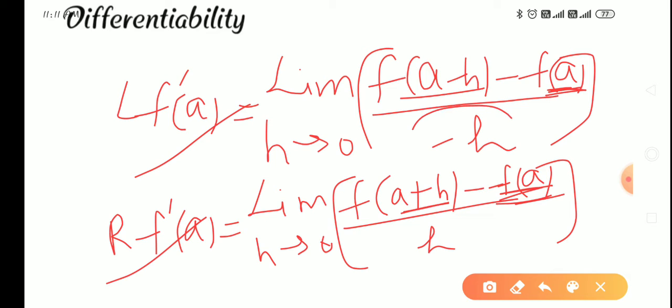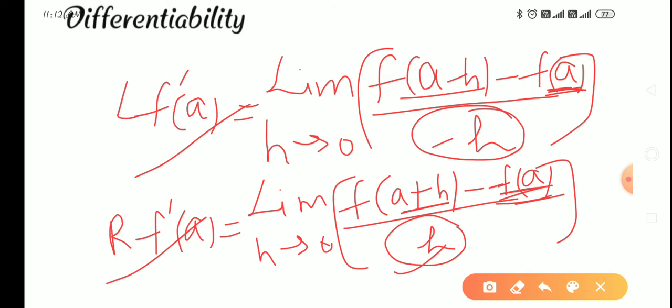In LHD, in the denominator minus h will be there, and in RHD, right hand derivative, plus h will be there in the denominator. In the numerator, f(a minus h) will be there for LHD, and for RHD, in the numerator f(a plus h) will be there, and minus f(a) in both the cases will be the same. Now how to calculate, I will tell you in the question.